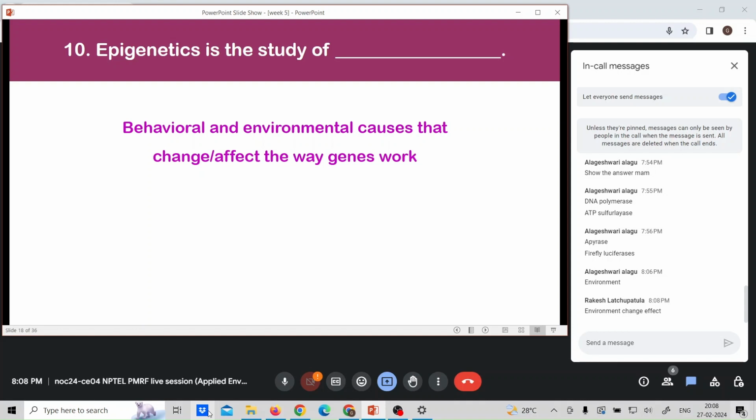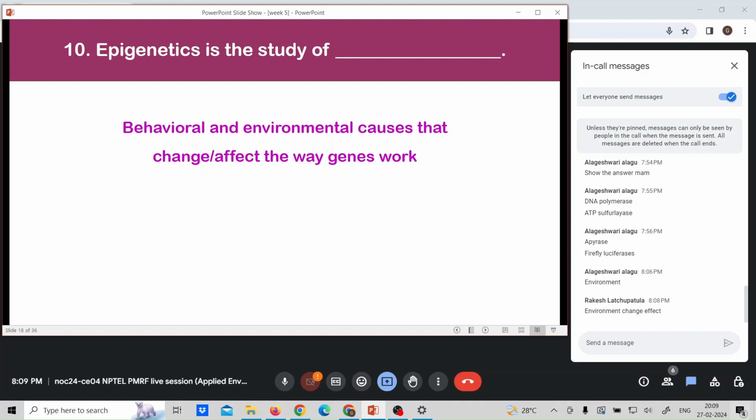So what you're going to study here is, you basically have your DNA. There are many things that can affect our DNA. In epigenetics, what we basically study is how our environmental factors or our behavior affect the DNA. Though this is a microbiology course, I'll quote a simple non-microbiological example to help you understand what epigenetics is.